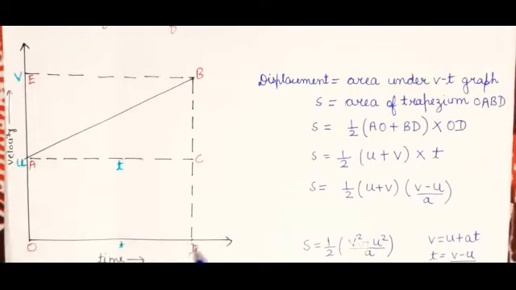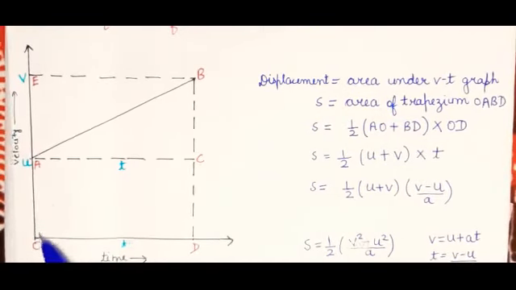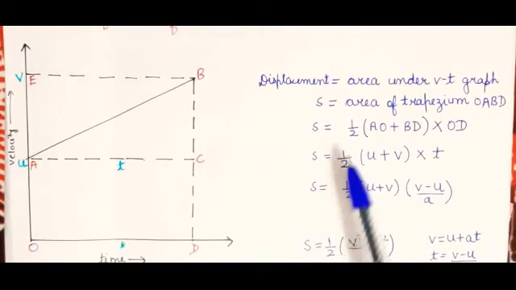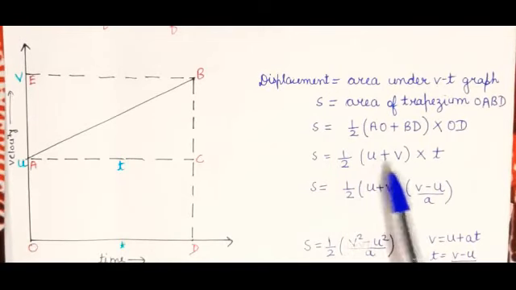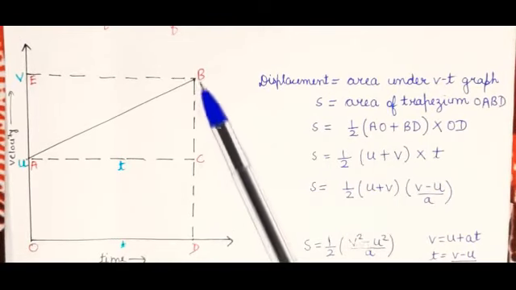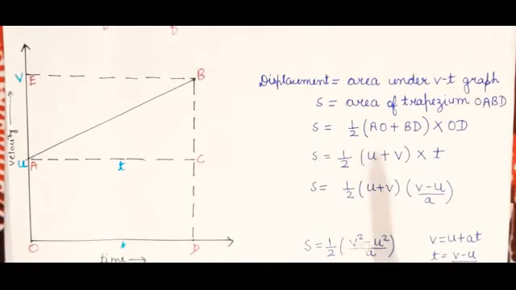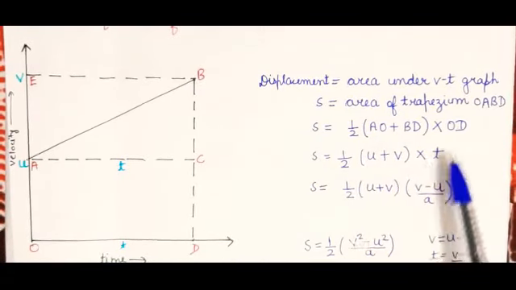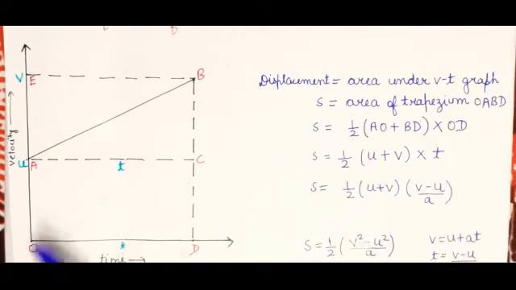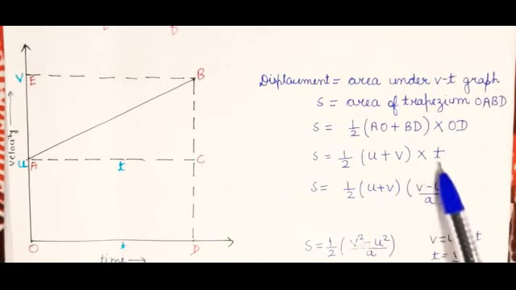Now substitute the values. AO is U. So half into U plus, what is BD? This whole BD is V. So U plus V into what is OD? OD is the time interval T. So half into U plus V into T.